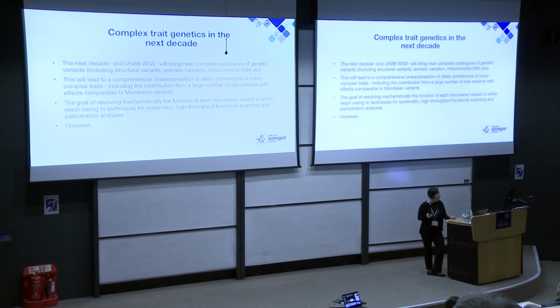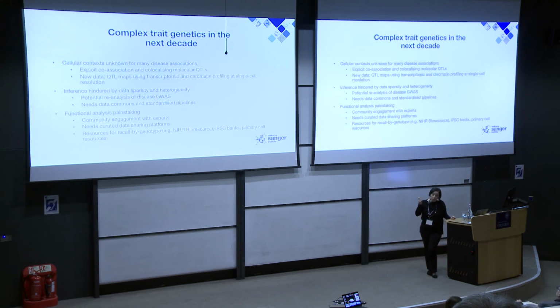And while it's relatively easy to do high throughput functional screens, there are a number of questions that continue to be relevant for many complex traits, including how we deal with data sparsity, collecting large homogeneous sets of functional data for integration, and how we plan downstream experiments from this.